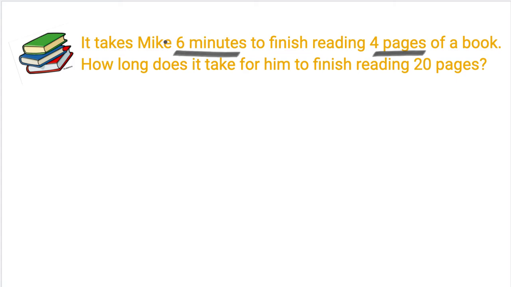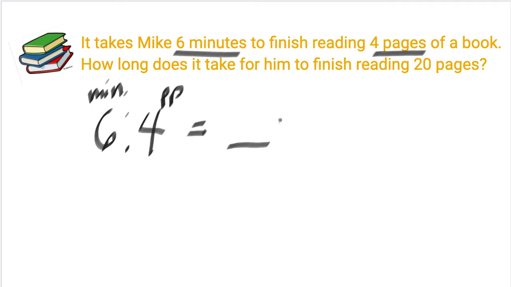So the first ratio here is 6 minutes is to 4 pages. I'll just do the shortcut, minutes and pages. Again, minutes, pages. So where will we put 20? Will it be in the first or in the second? Since we are talking about 20 pages here, that should be put in the second.